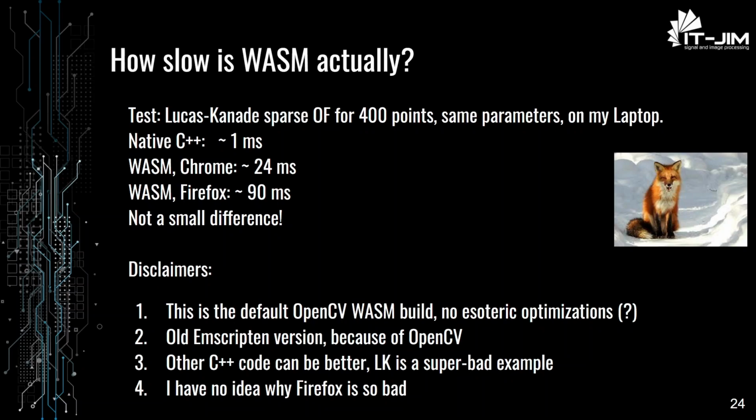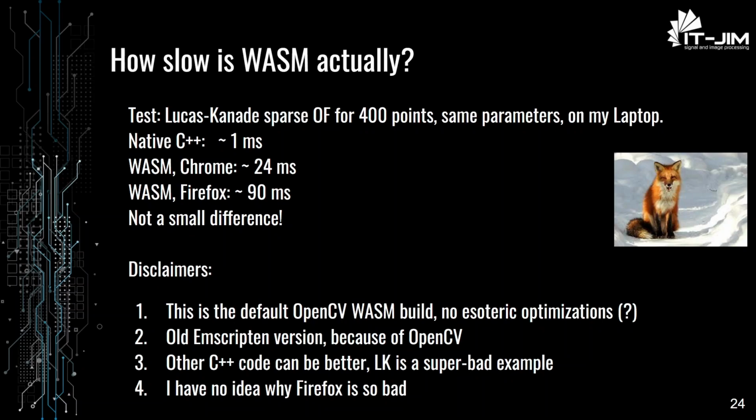Disclaimers. This is for the default OpenCV WASM build. If there is some exotic optimization, maybe I missed something. And the old Emscripten version because of OpenCV and other C++ code can be bad.